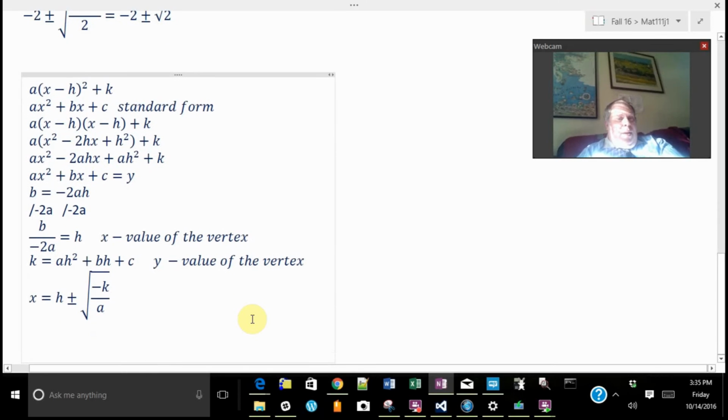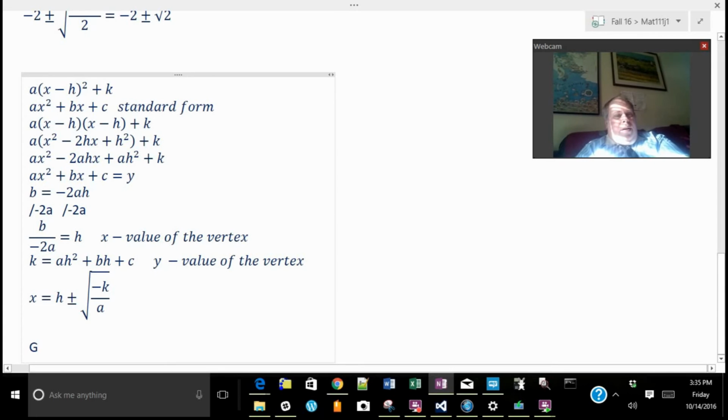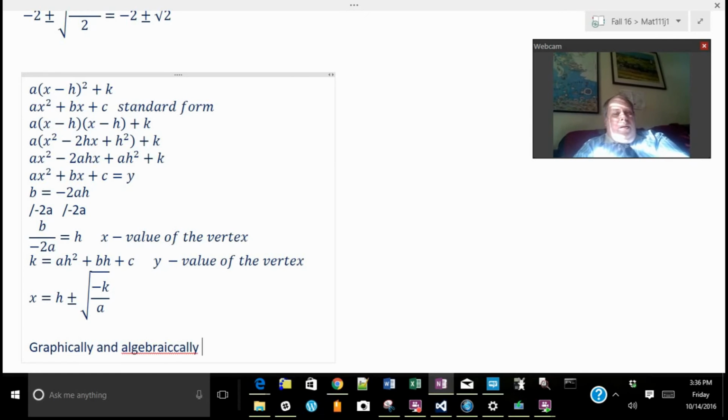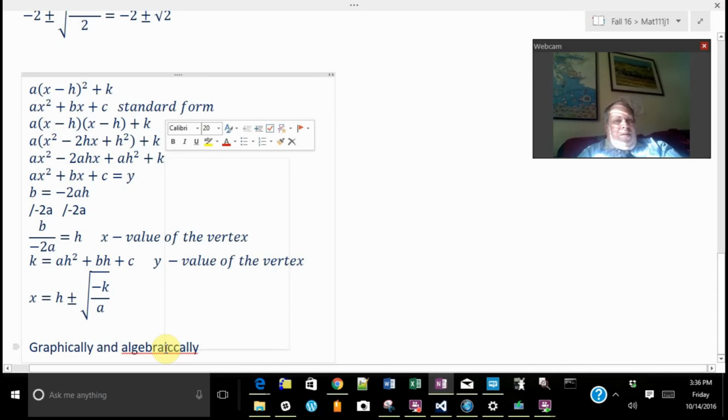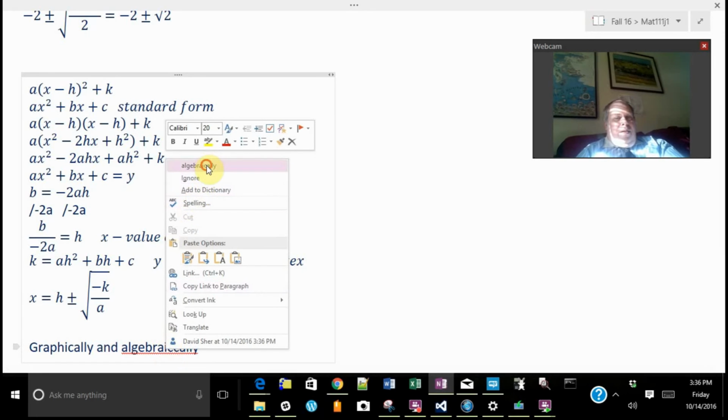So let's say I want to do this graphically and algebraically. Only one c in algebraically. Here it goes.